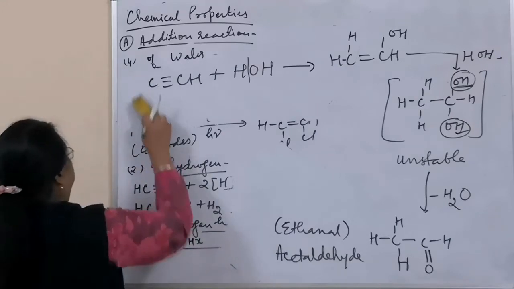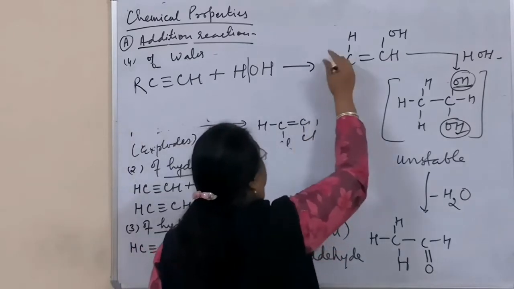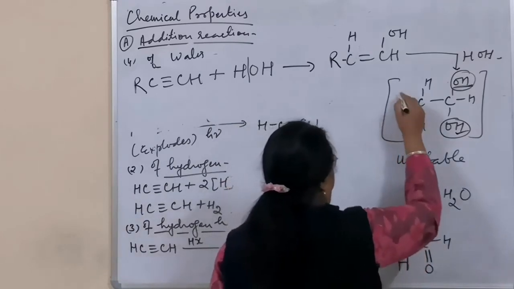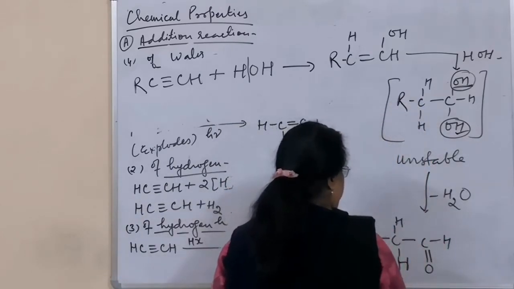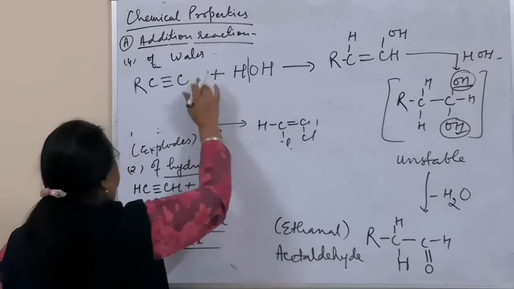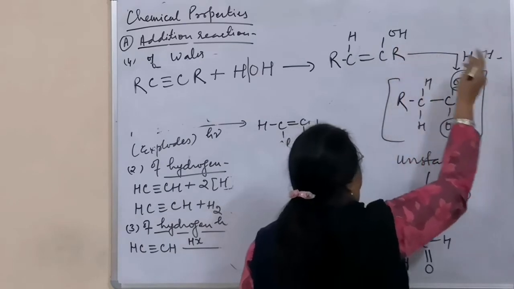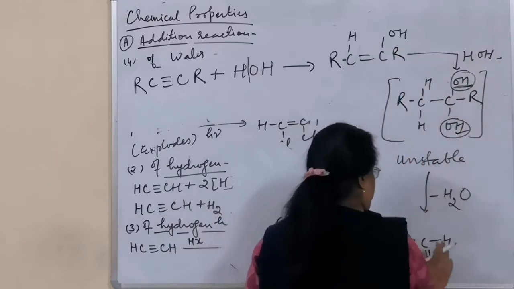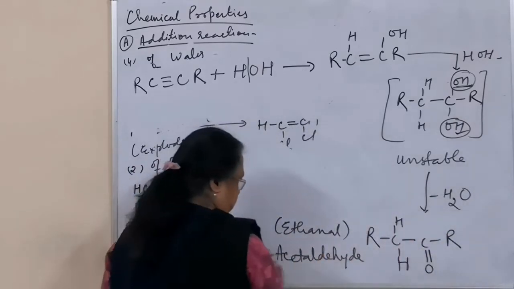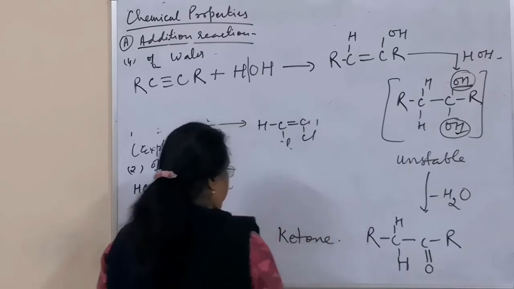Now if this happens to be R, any other higher alkyne you take, then this will also be R. R means any alkyl group, methyl, ethyl, any. So if this H is also R, and this H will also be R, then the compound is not an aldehyde, the compound will be a ketone.